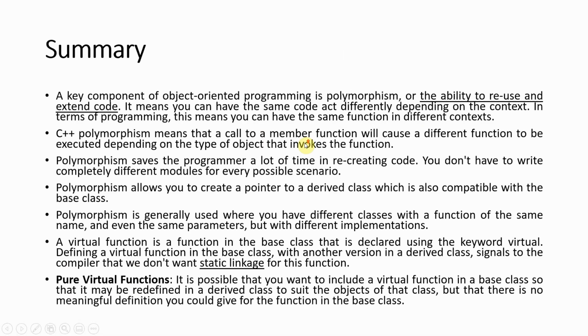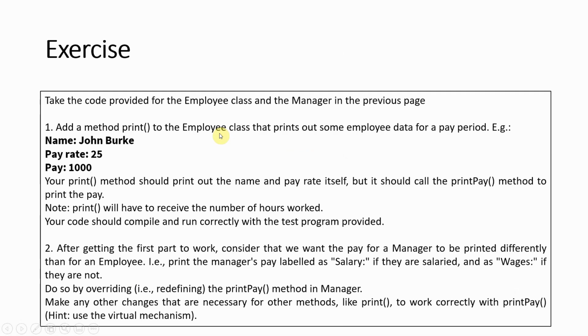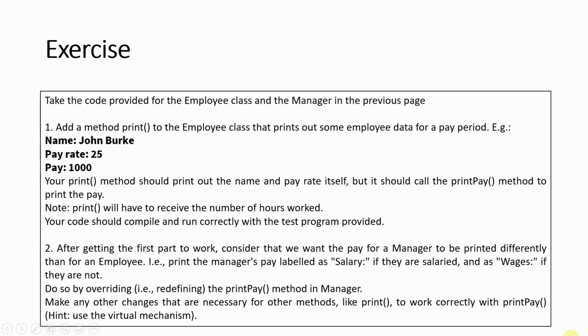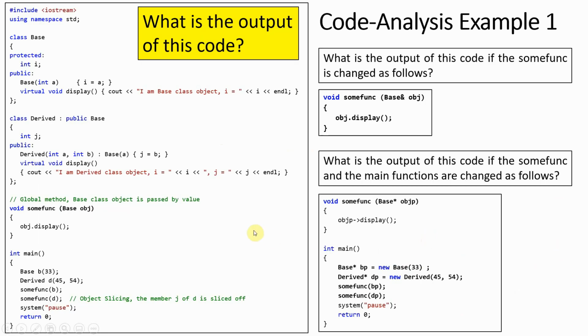Some exercises for you here. I was asking you to look at this code that's given, and based on what is provided here, you're supposed to make some changes to it. I'm asking you to analyze this code and answer the questions. What happens if you replace the function with this function?